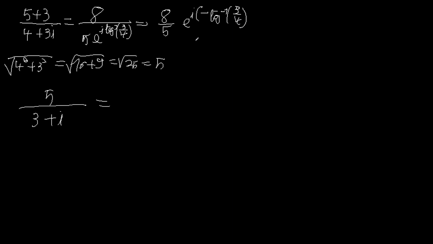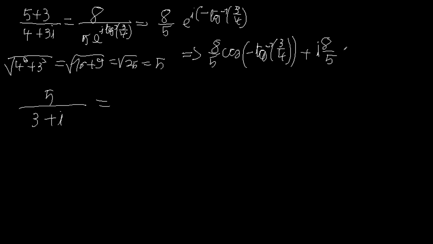Now we want to convert it to the Cartesian form, and this is 8 divided by 5 times, first you have cosine of this angle minus the arctangent of 3 divided by 4, plus i times 8 divided by 5 the sine of minus the arctangent of 3 divided by 4.